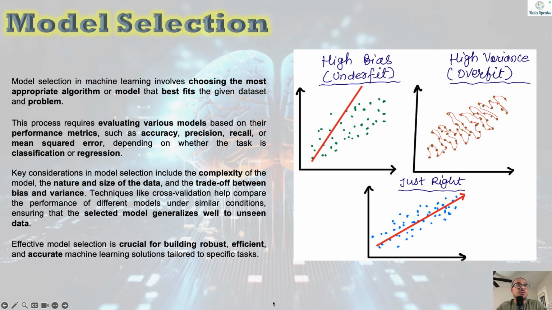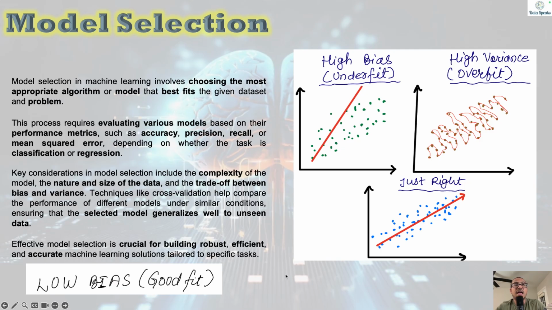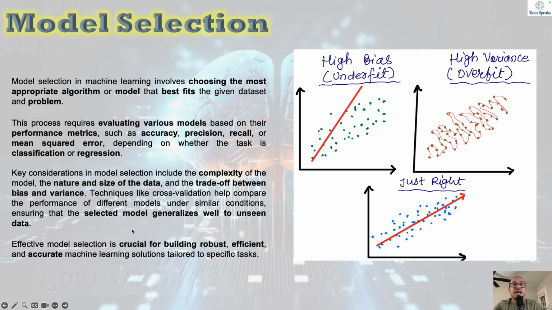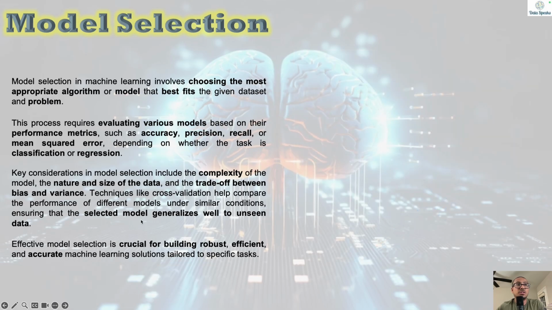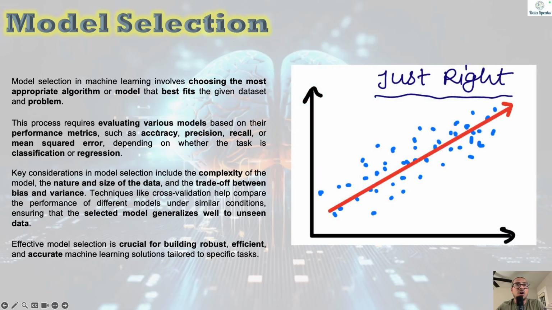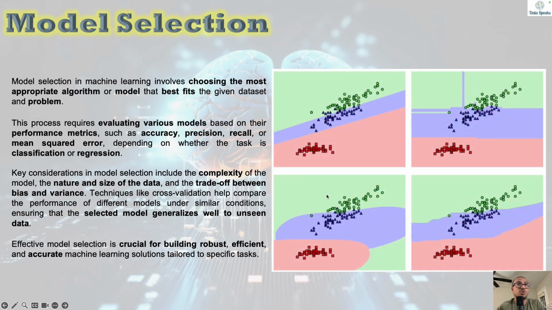So we want low bias, that is, good accuracy, and low variance, where our model has about the same accuracy on the training data as on the test data. In that situation, we will pick the model that has the highest accuracy with low bias and low variance. That's the model selection we would do, and it is one of the most important steps in our machine learning life cycle.